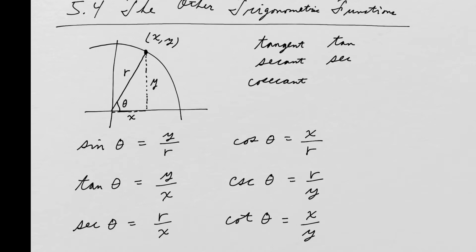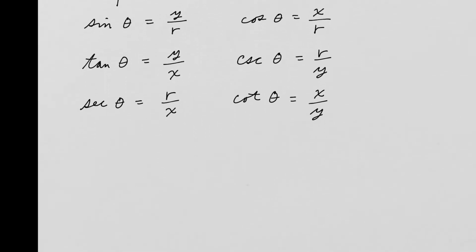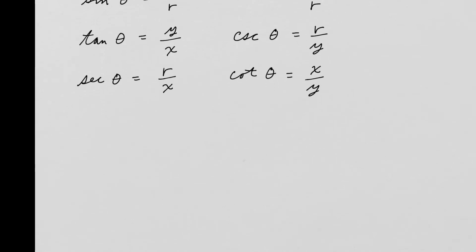Cosecant is CSC, and then cotangent, which is COT. All right. Now the nice thing, and I just sort of explained this here, but let me write this out formally, is that those new four trig functions, tangent, cosecant, secant, and cotangent, can be related back to the sine and cosine functions. Okay, so I'll write that out here.